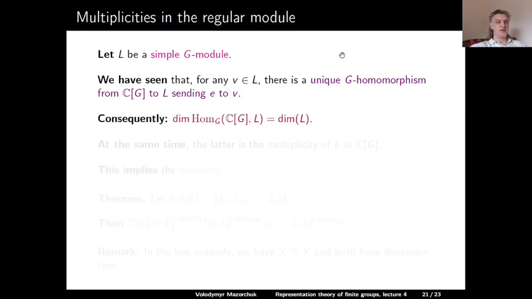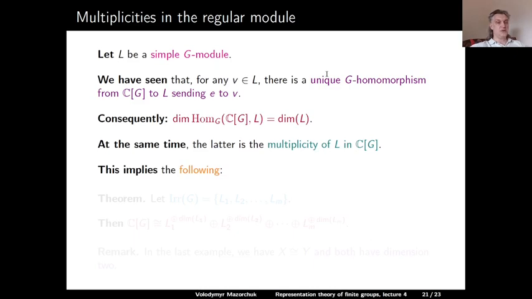Consequently, the dimension of the space of G homomorphisms from the regular module to L is equal to the dimension of L. At the same time, the latter is the multiplicity of L in CG. So each simple module has multiplicity equal to its dimension in the left regular module.